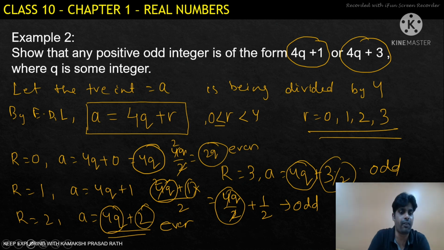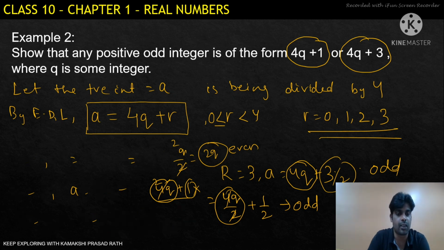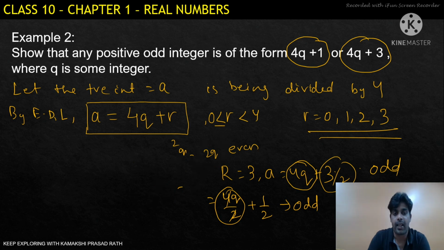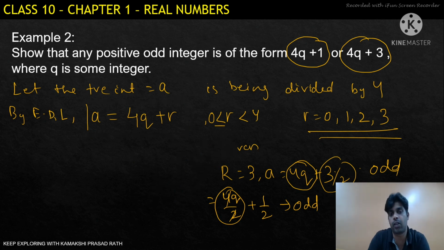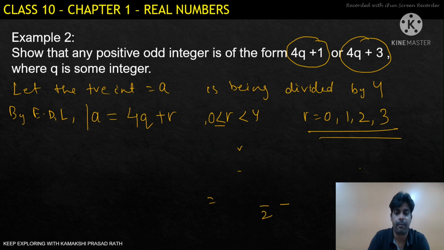So finally, let us write it in an easy way so that it is understandable. The only thing you have to say is that if numbers are divisible by 2 or are multiples of 2, then it is an even number. If they are not divisible by 2, then it is an odd number.